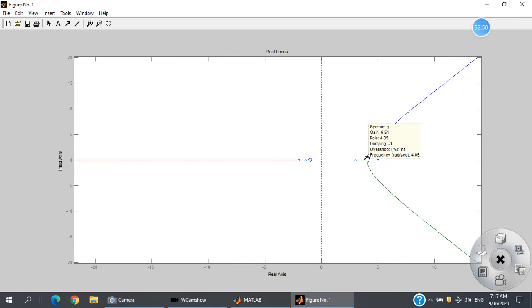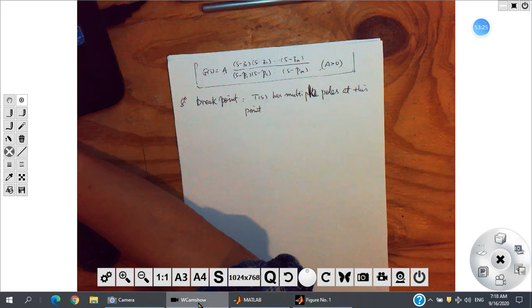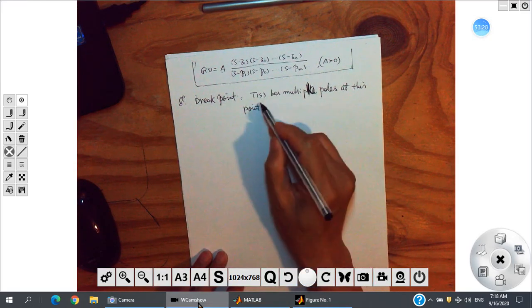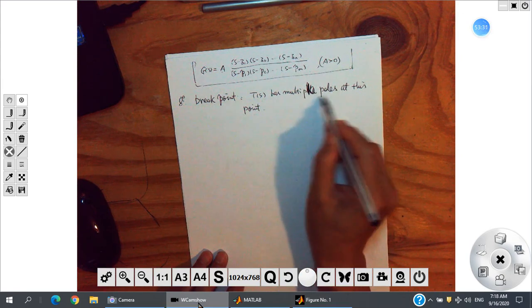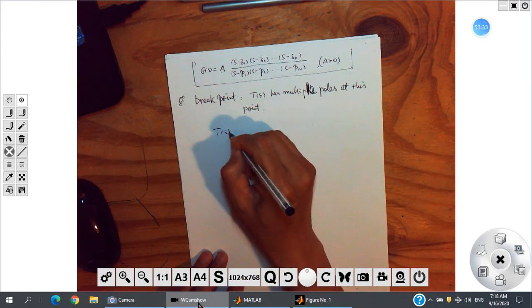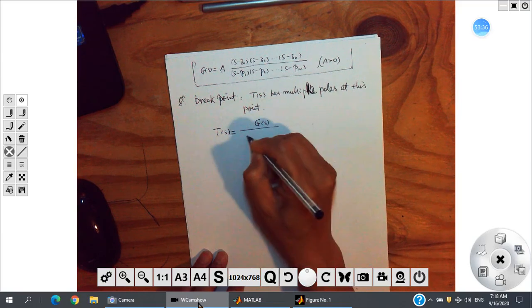Break point. T(s) has multiple poles at this point. T(s) equals G over 1 plus KG.